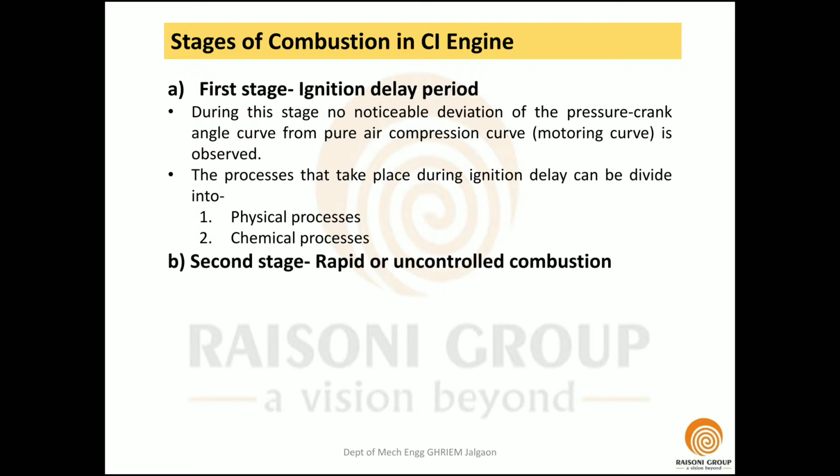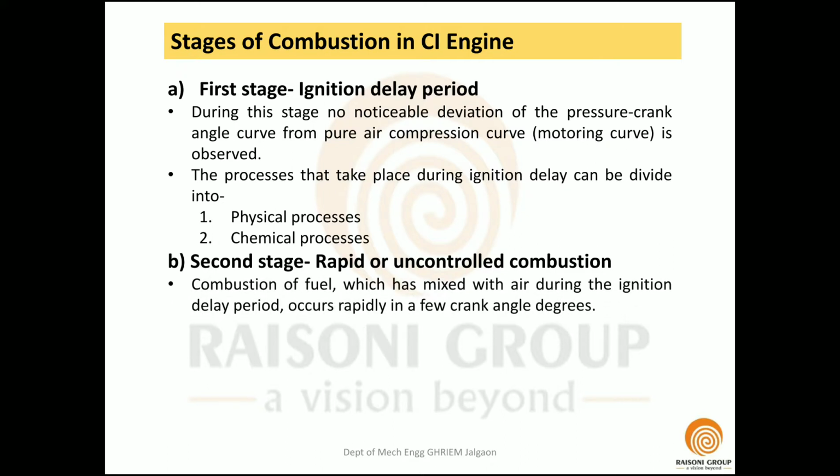The second stage is the rapid or uncontrolled combustion. In this phase, the combustion of the fuel which has mixed with air within the flammability limits during the ignition delay period occurs rapidly, in a few crank angle degrees. The mixture ignites within a few crank angle degrees.